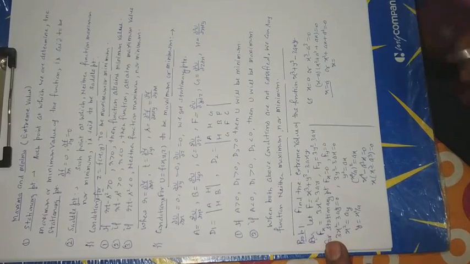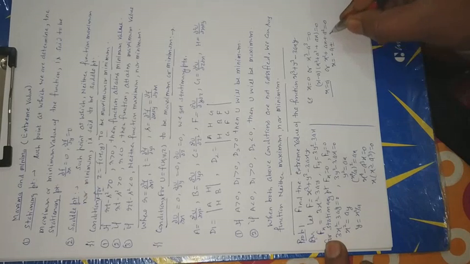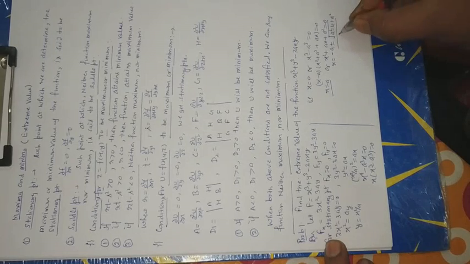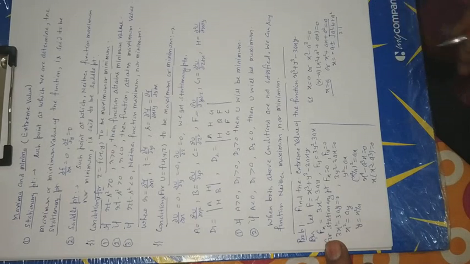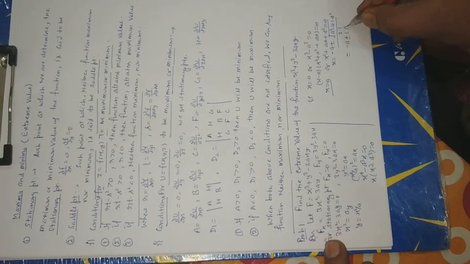Sridharacharya formula. x is equal to minus b plus minus under root b square minus 4ac upon 2a. This is equal to minus a plus minus i under root 3 a upon 2.